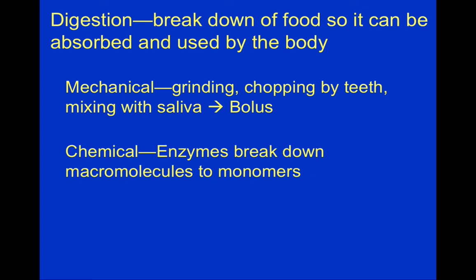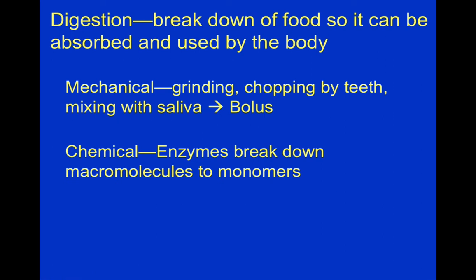Now, chemical digestion is a bit more intricate. The entire purpose of digestion is to break food down into small enough pieces that we'll be able to absorb it, and eventually use it. In order for us to absorb substances into the body, they must be small enough to do this. So chemical digestion is what's really going to facilitate the more specific breakdown of substances into their monomeric forms.